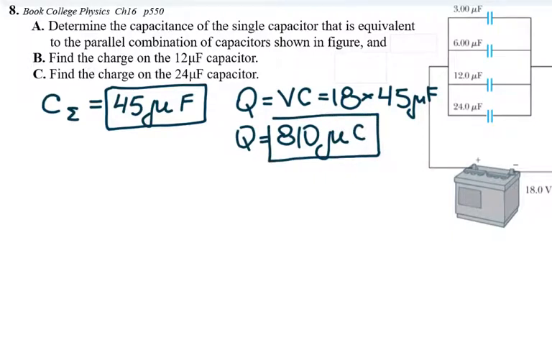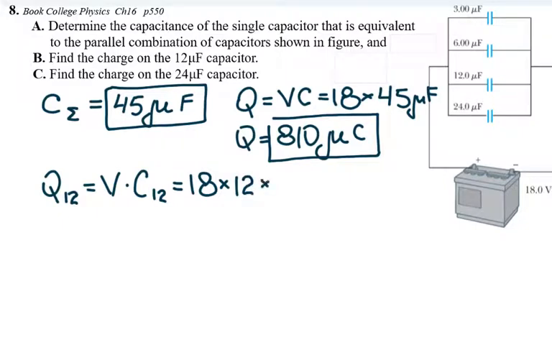The charge on the 12 microfarad capacitor is the voltage, which is the same, times the capacitance of the 12 microfarad capacitor. Because they're all connected in parallel, I still have 18 volts for every single capacitor, and then I multiply it by 12 microfarad, which is 10 to the negative 6, I will get 216 microcoulombs.